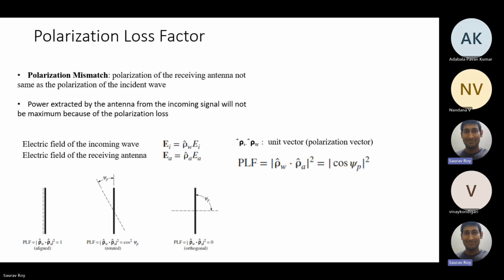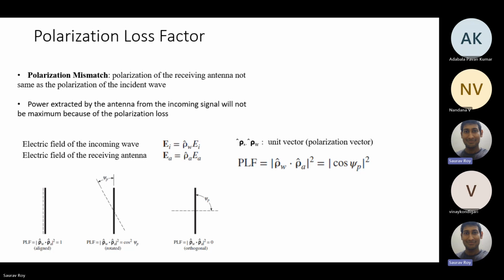Then separately it is defined in terms of rho_w dot rho_a. What is rho_w dot rho_a? These are the unit polarization vectors. The difference between them will give you cos squared of psi_p, which is the polarization angle difference between the transmit and receive antennas.